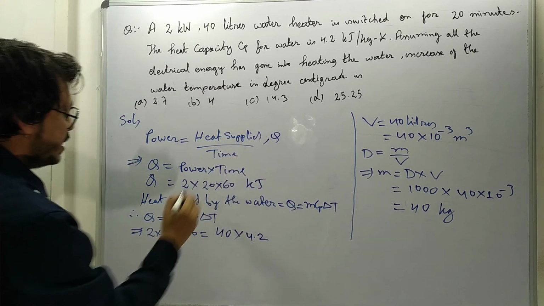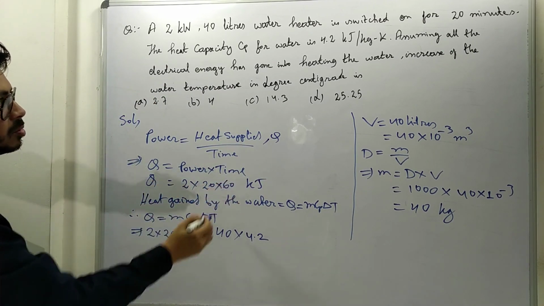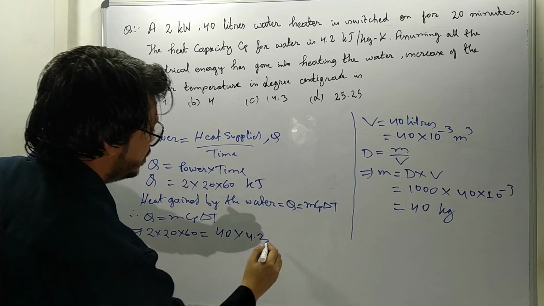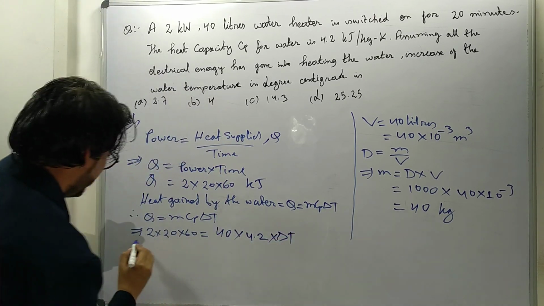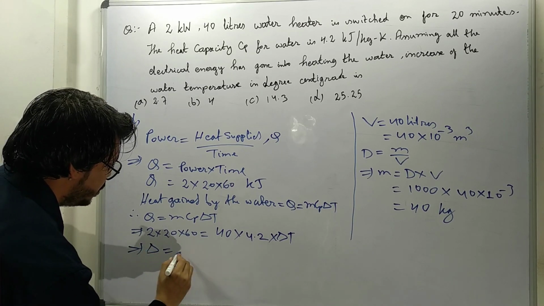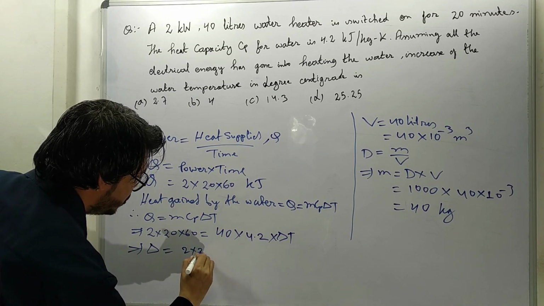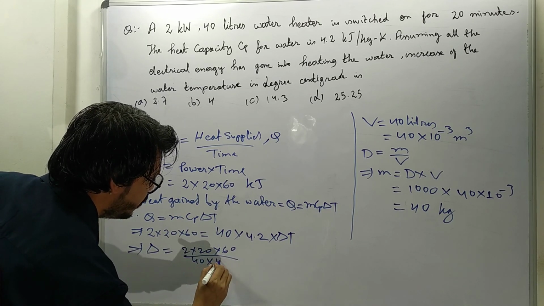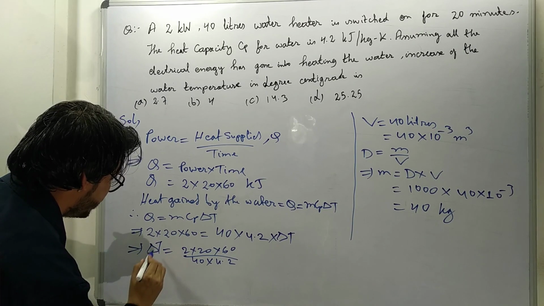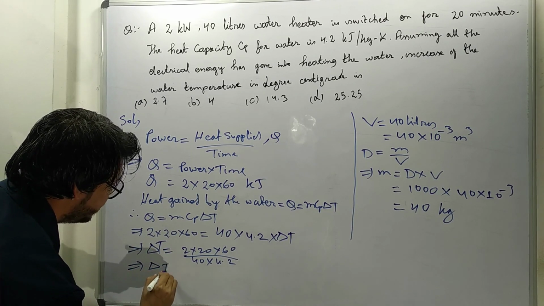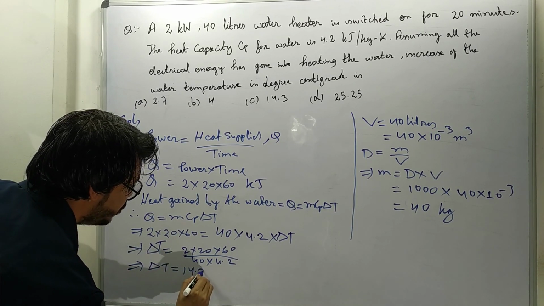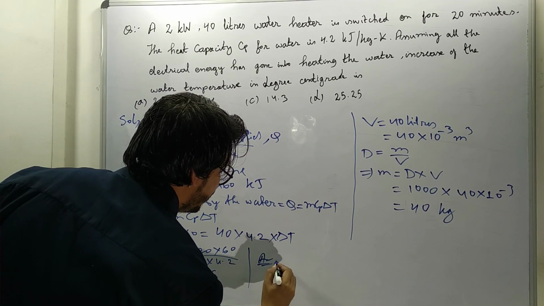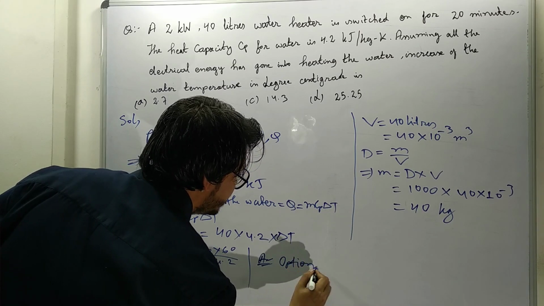We have kept the value for Q in kilojoule, so we are keeping the value of Cp in kilojoule, 4.2 into delta T. From there, delta T is equal to 2 into 20 into 60 divided by 40 into 4.2. On solving, we get delta T is equal to 14.3 degrees centigrade. That is, answer is option C is correct.